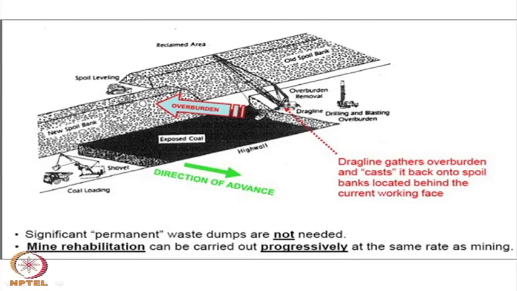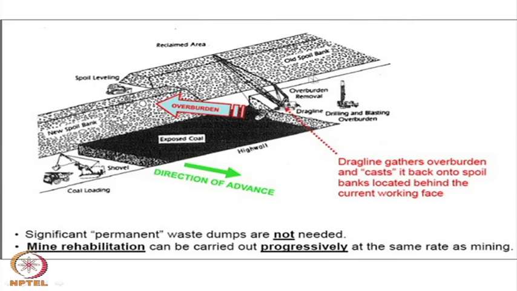Here in this figure you can just think that this is going up to here, when this line of high wall, this is the new high wall, this is the old high wall. When this one was a new high wall, at that time this material dump was here. Now, when you are creating this new high wall, this much overburden has gone over here.